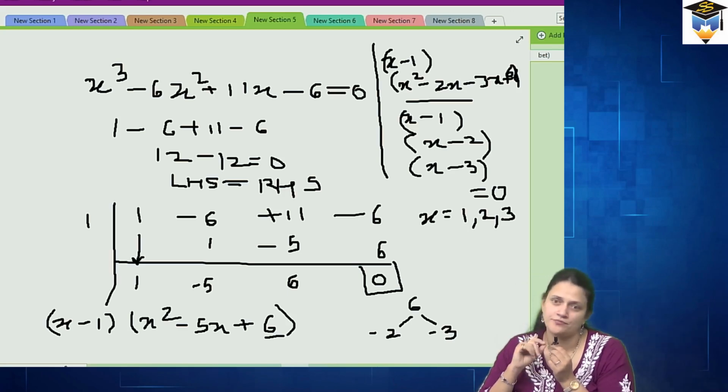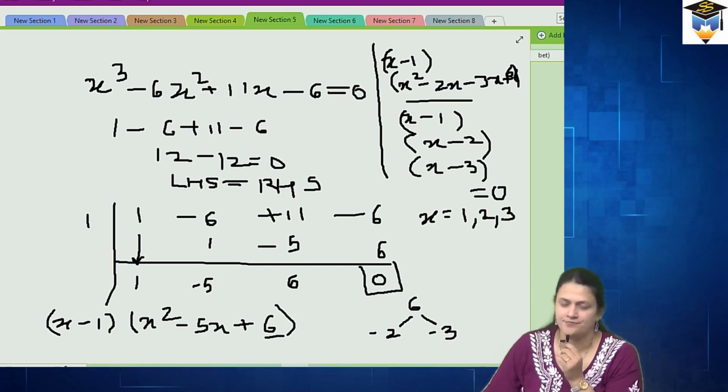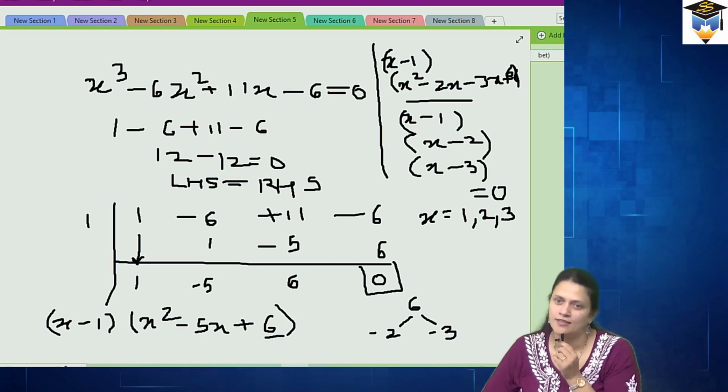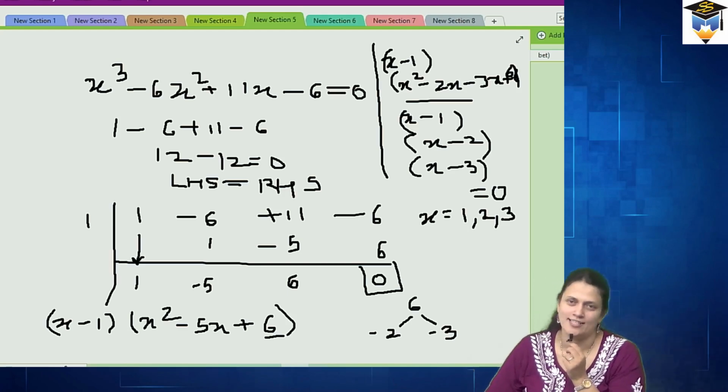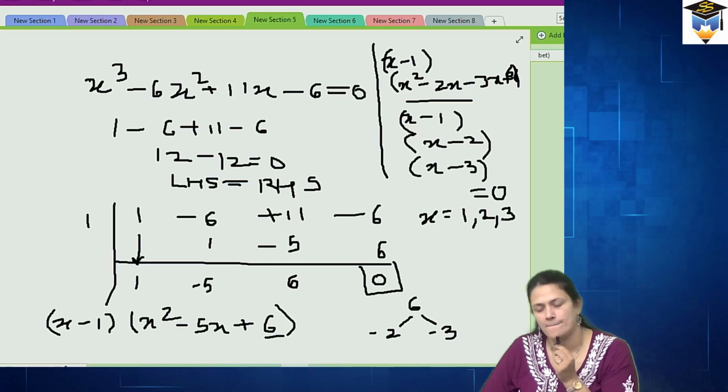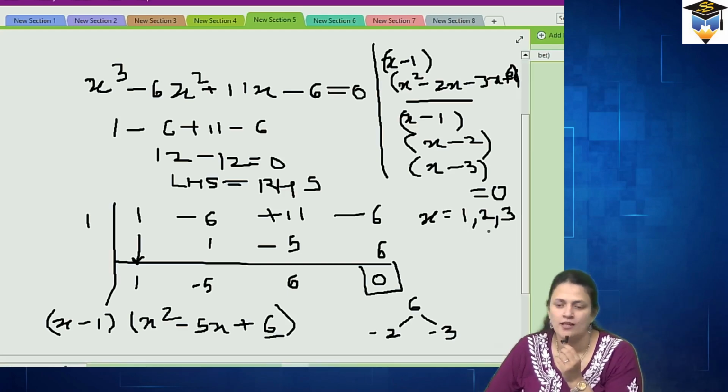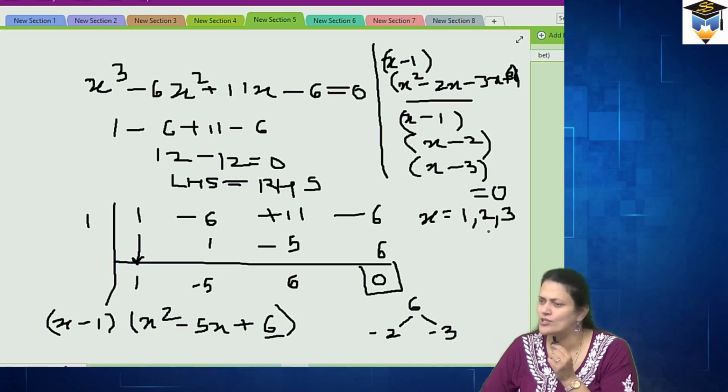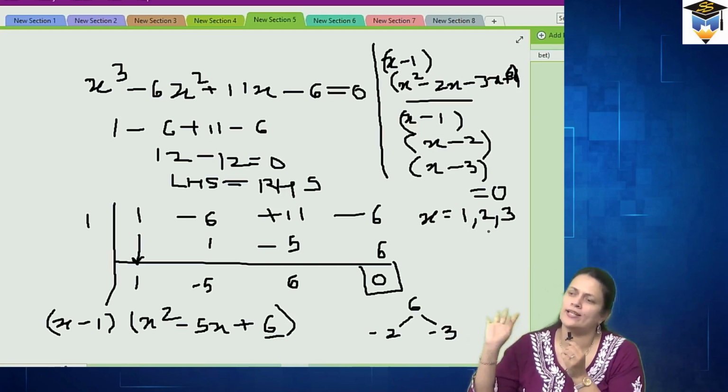Substitute. Correct. Then you will get the correct answer. Yes, correct. So these questions are very easy. Don't take any tension to solve. You just substitute it correctly and solve, you will get the answer.